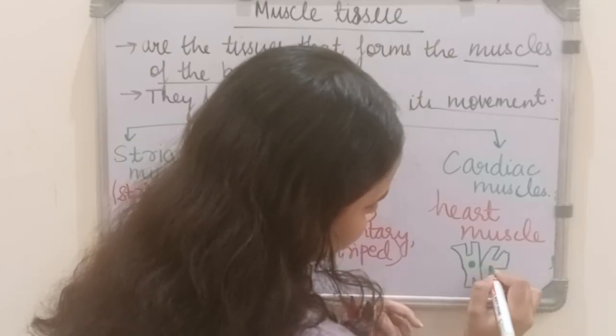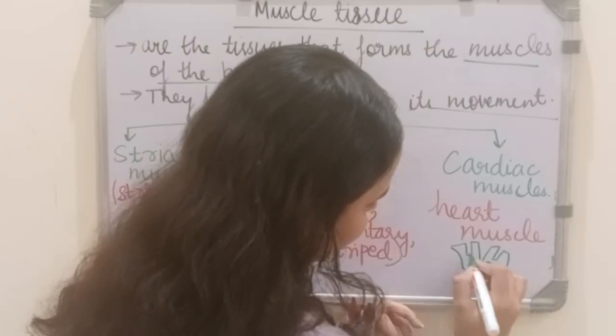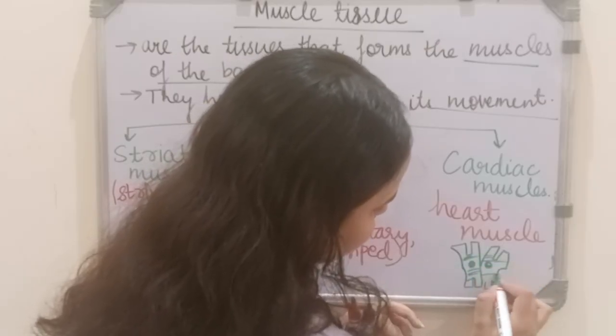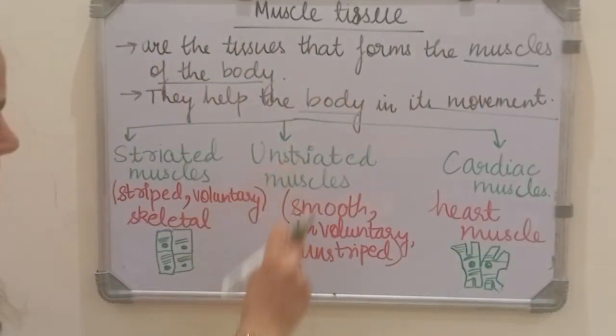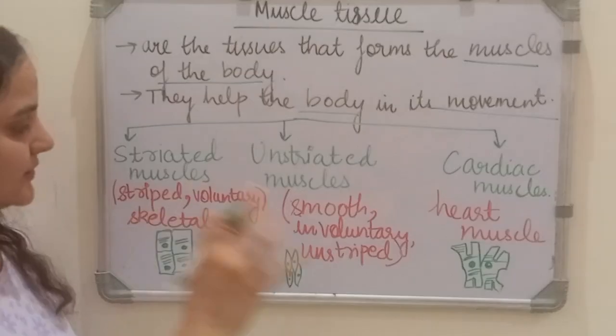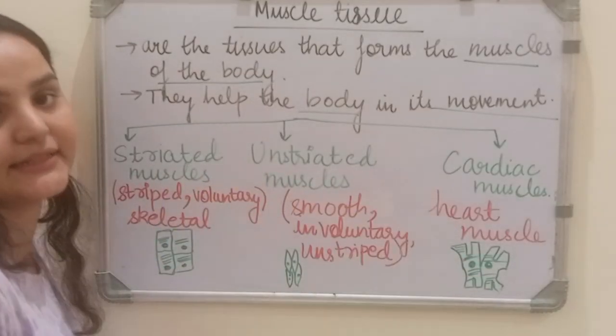They are also striped. Okay. So this is the cardiac muscle, this is the smooth muscle or unstriated muscle, and this is the striated, skeletal or voluntary muscle. So now let's study these classifications and their comparison in detail.